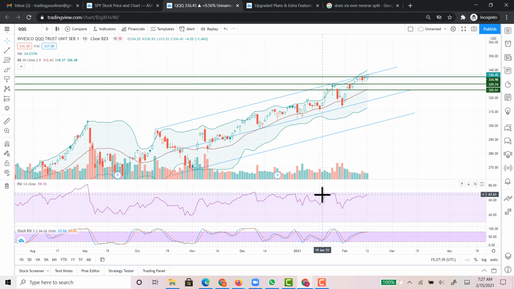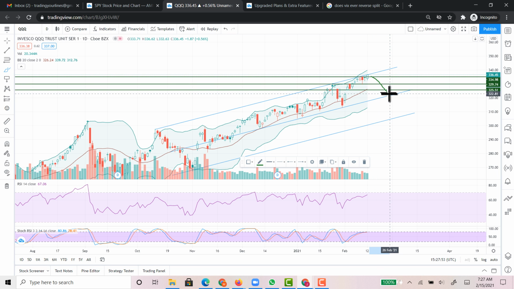Of course, it can continue grinding higher, break this line and go higher. But to continue further higher, you need strength, which means typically the market should come down to this level and bounce back up. So as we move down here in this area, this is your first support at 329.74, and the next support is 325.51.